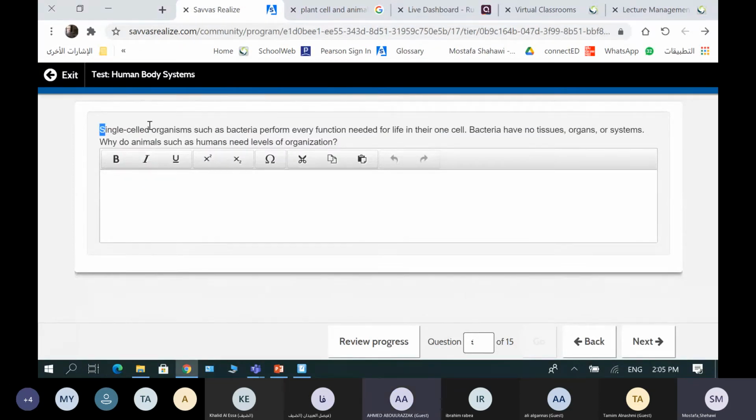Single-celled organisms such as bacteria perform every function needed for life in their one cell. Bacteria have no tissues, organs, or systems. Why do animals such as humans need levels of organization? Bacteria have no tissues, organs, or systems, and they do all the functions. That's a critical question, by the way.